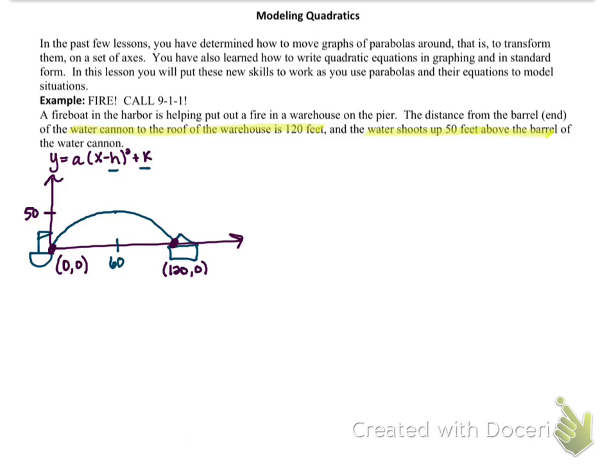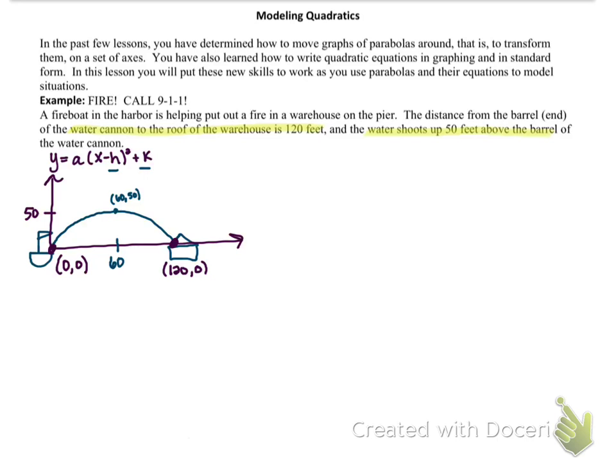Because our parabola reaches a height of 50, we know that our vertex will be the coordinate point 60, 50.